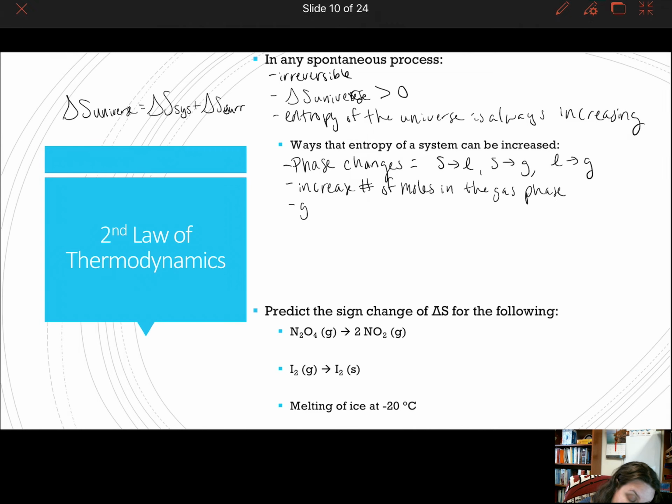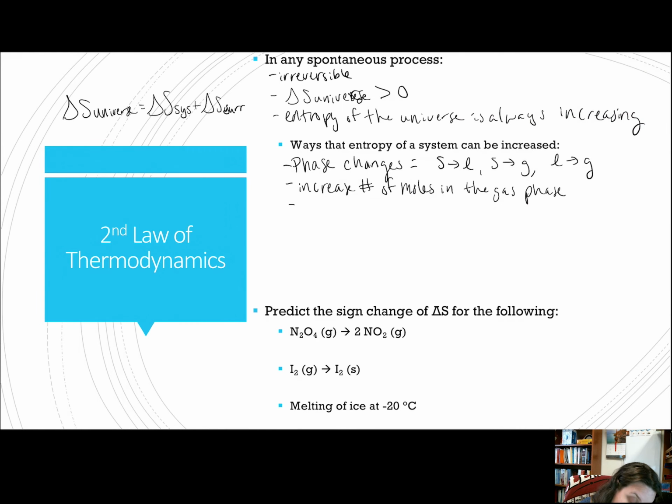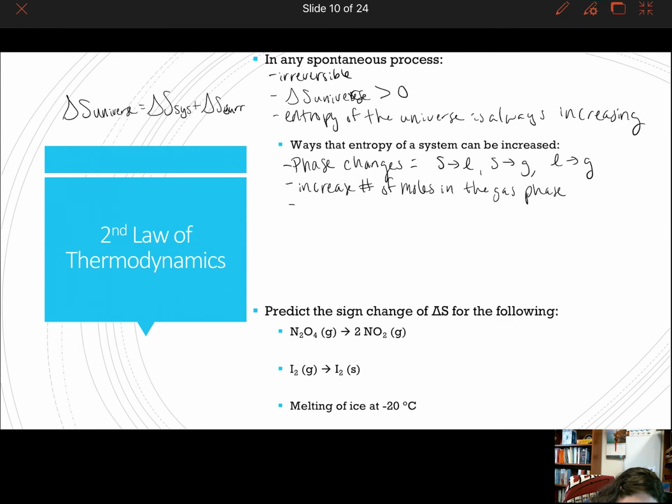So a reaction that goes from elements to a compound, such as N2 plus O2 going to 2NO.